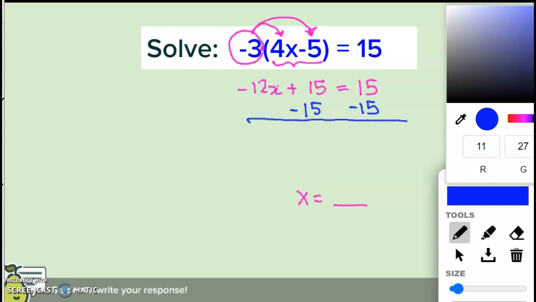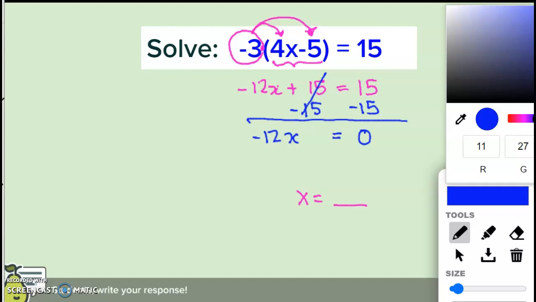And when I do that, 15 minus 15 is 0. So it goes away to plus 0. And the left-hand side becomes negative 12x plus 0, or we don't even have to write that. Students panic when they see a 0. That's okay. 0 is just a number.